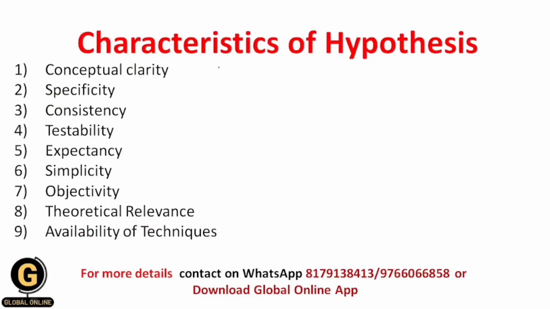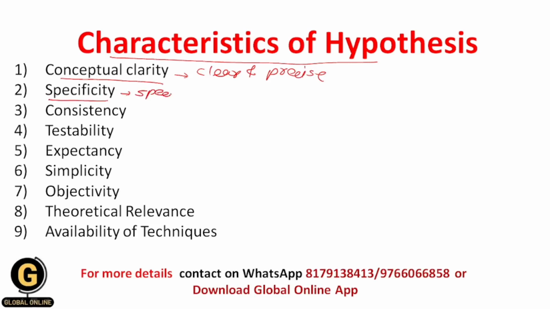Now students, let us see what are the different characteristics of a hypothesis. First is conceptual clarity. It means that the hypothesis should be clear and precise. Second is specificity. It means that the hypothesis should be specific and limited in scope. Third is consistency.